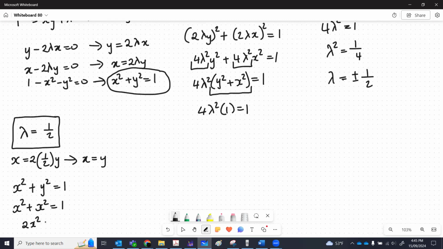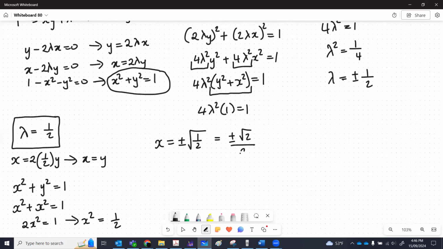So we have 2x squared is equal to 1. So this means x squared is equal to half. And then this means x is equal to plus or minus the square root of half. So this is plus or minus the square root of 2 over 2.